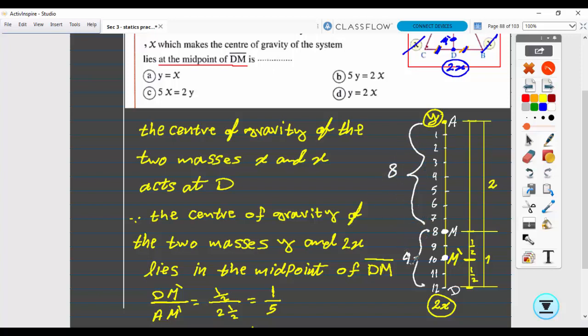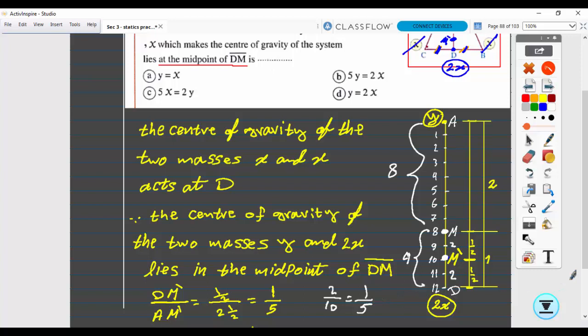But M dash is the midpoint of MD, so the length of DM dash equals the length of M dash M, each equal to 2. So what is the ratio between DM dash and M dash A? It is 2 to 10, which equals 1 over 5.